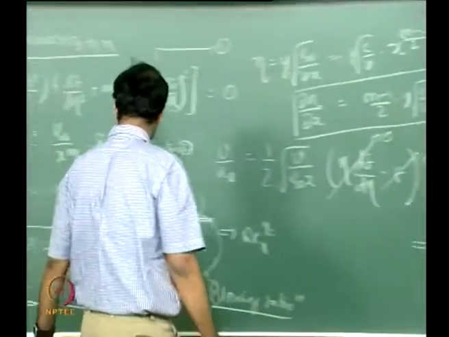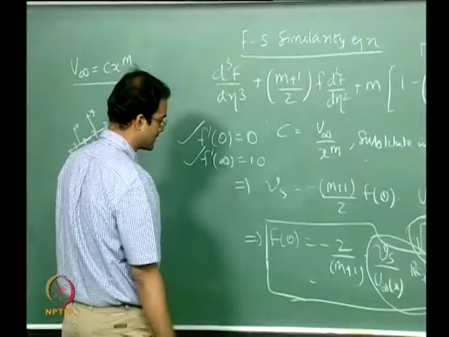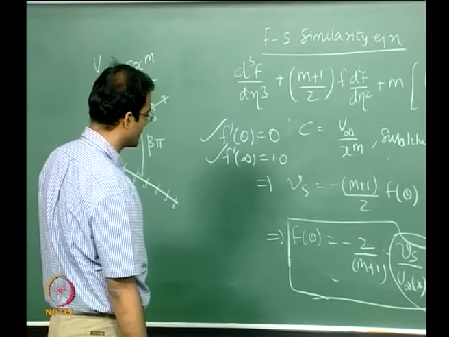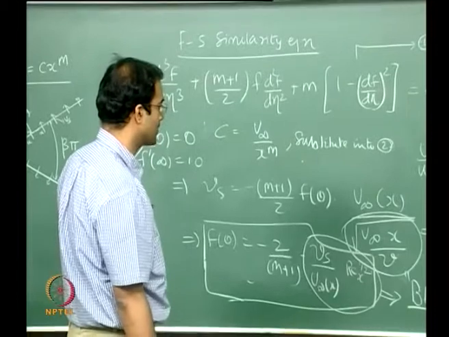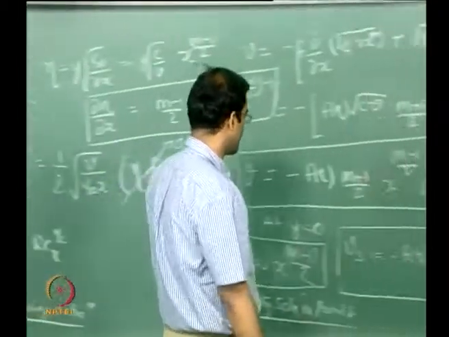So in that limiting case you can get f of 0 as 0. You can probably just check, so when m equal to 0, Vs varies as x power minus half.